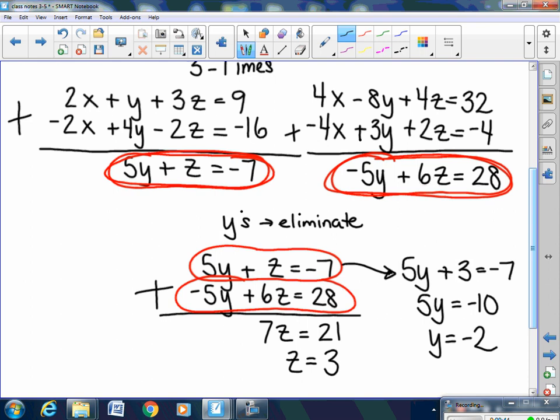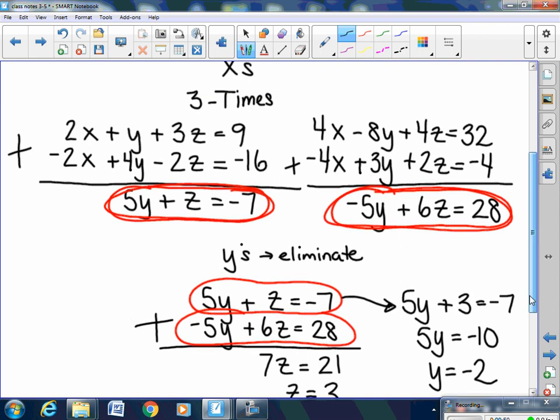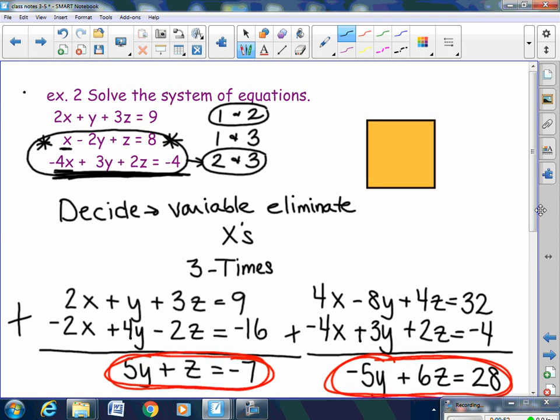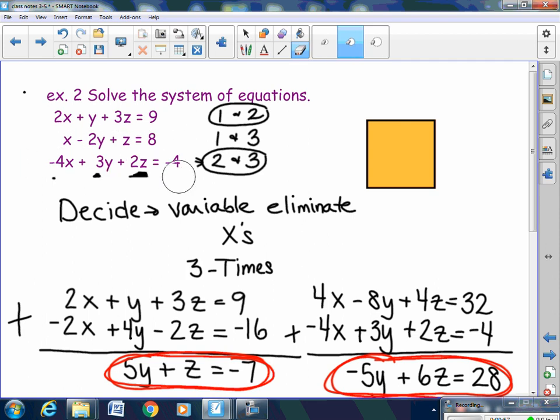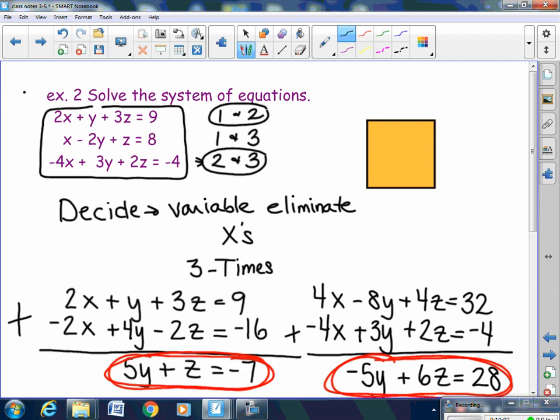So now that I know my y and now that I know my z, I can go way back to the beginning to find my x. So I'm going to go all the way back here, and I'm going to erase all this just to show you I can go back into any one of these three, because I know the y and I know the z, so the only variable I don't know is the x.